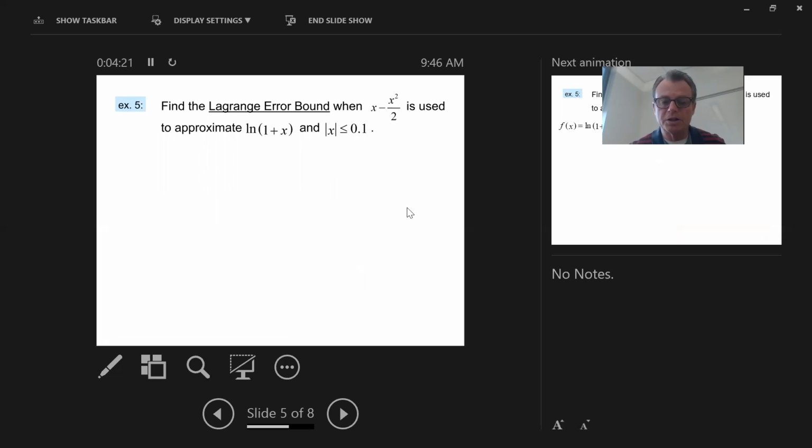But this is the example that we're going to model to do the problem. So they're giving you this specific example. This is a second order approximation of the natural log of 1 plus x. And the interval of convergence is -1/10 to 1/10.